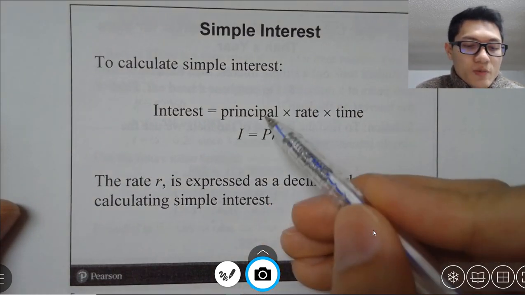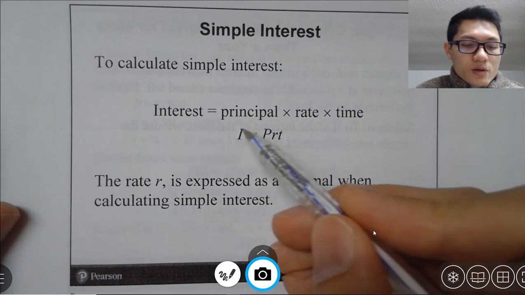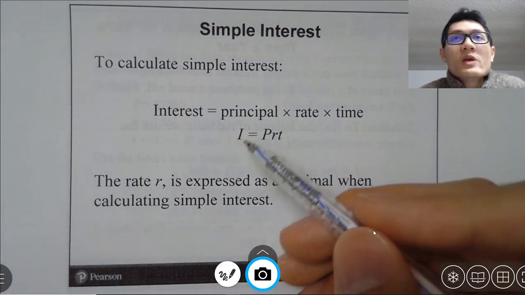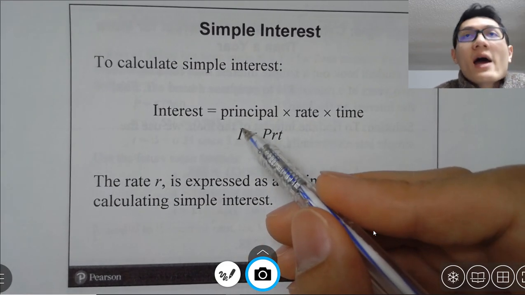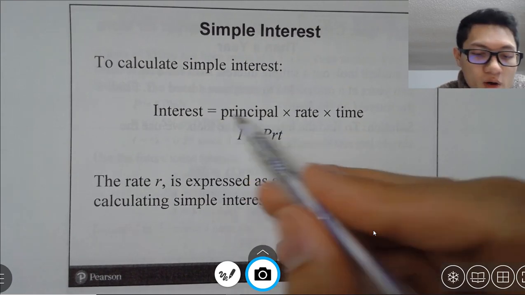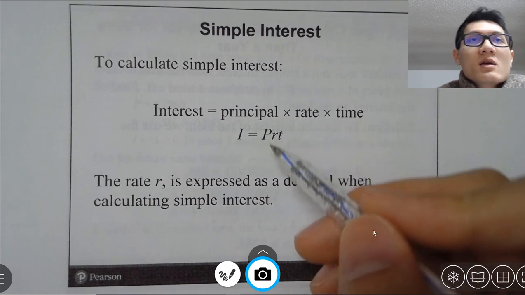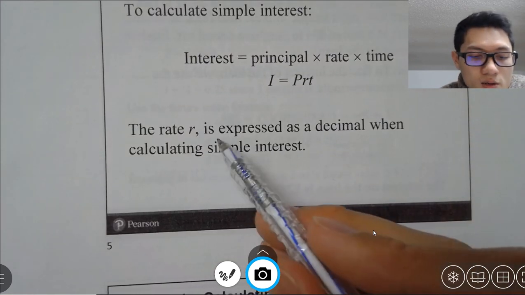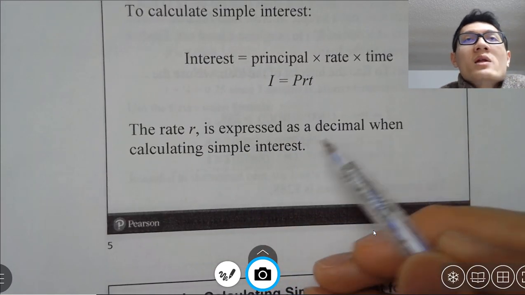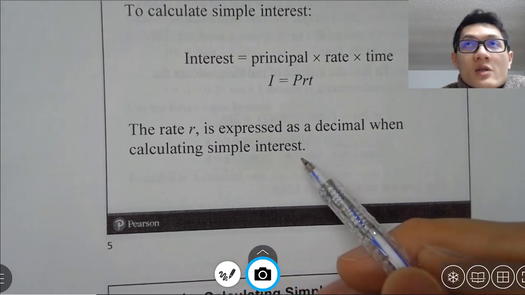So the interest, normally we use the letter I, equals the principal. The principal has the letter P. Rate is the small r and time is t. The rate r is expressed as a decimal when calculating the simple interest.